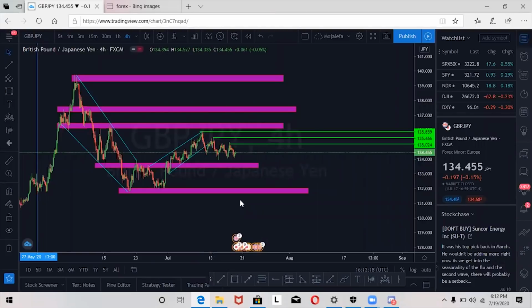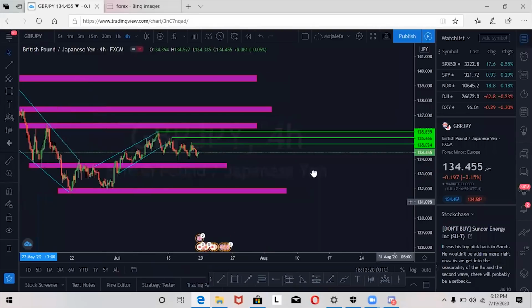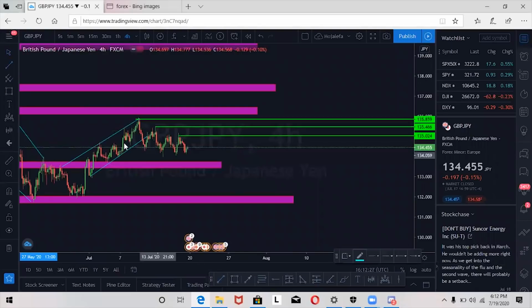I can now zoom in a little bit. This was our recent downtrend, which we are under even now. You can see this. This is nice. So these strategies actually help me to see the market and be able to predict what may happen there and there. So it makes my analysis very easy, and I'm able to see the overviews.